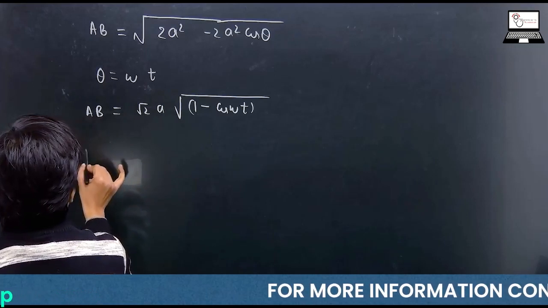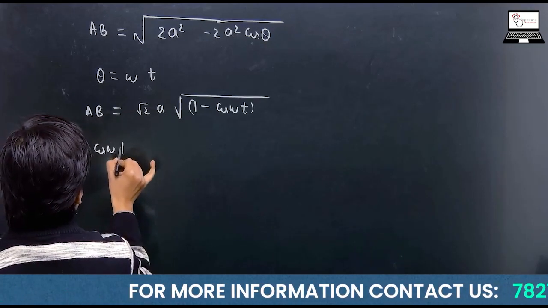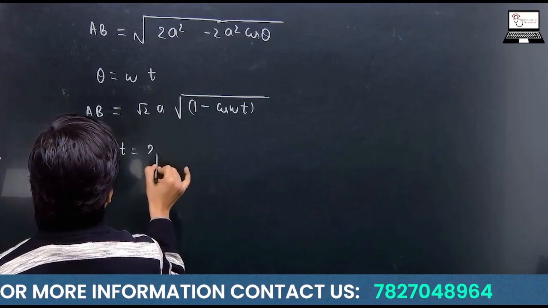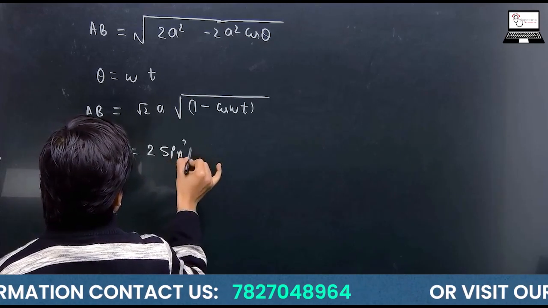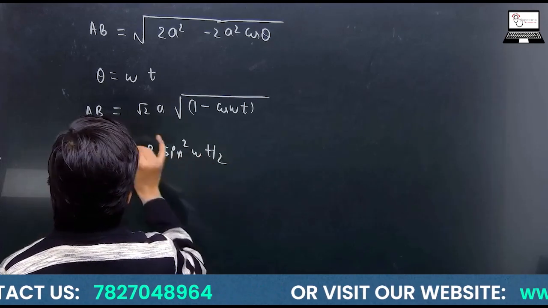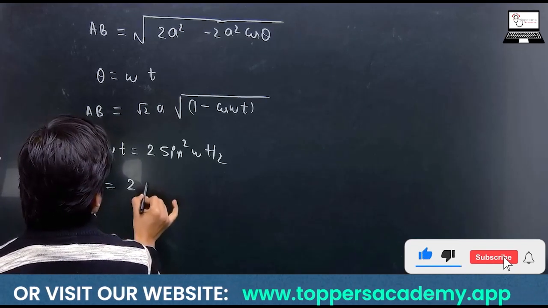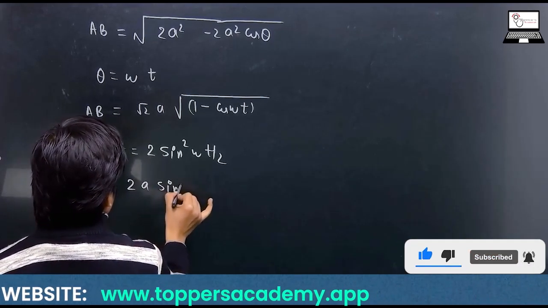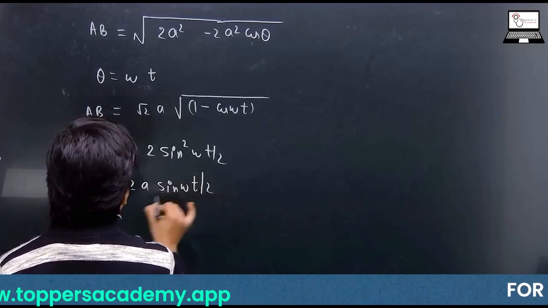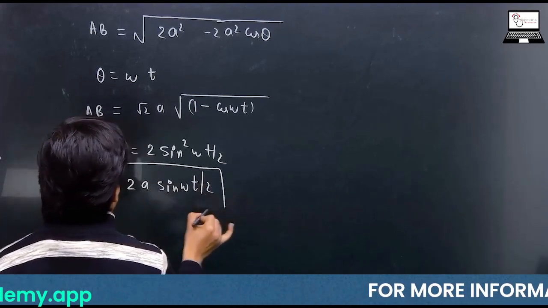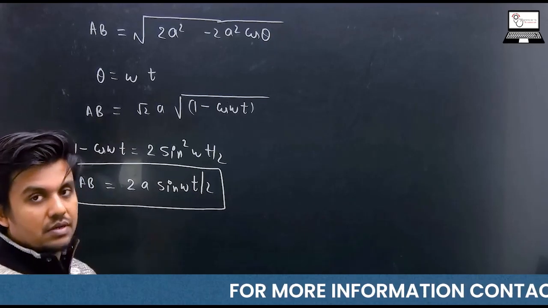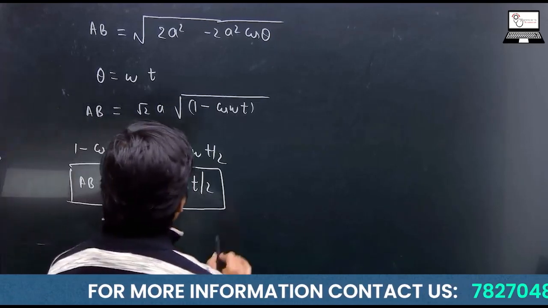So 1 minus cos omega t is equal to 2 sine squared omega t by 2. If you open this bracket, you will get AB is equal to 2a sine omega t by 2. So that is the magnitude of displacement.